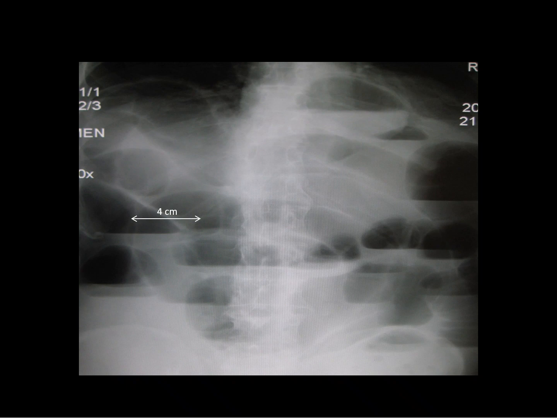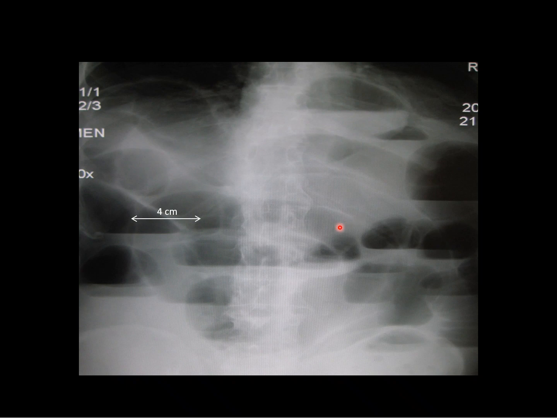And what the radiologist is going to do, and you can do this, is measure the distance of the dilated loops of bowel. If this is less than 5 centimeters in diameter, it is small bowel obstruction. If it is greater than 5 centimeters in diameter, it is large bowel obstruction.